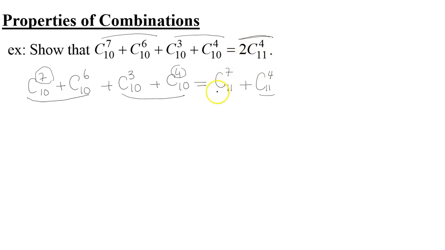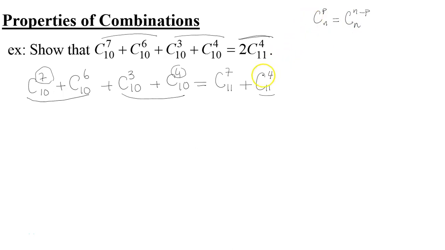However, if we look at the combination of 7 out of 11, we notice that the difference between 11 and 7 is 4. And we have seen the property, which is the third one, that says that the combination of p out of n is equal to the combination of selecting the difference, which is n minus p, out of the n total number of objects.